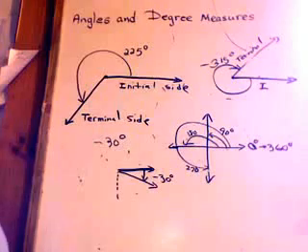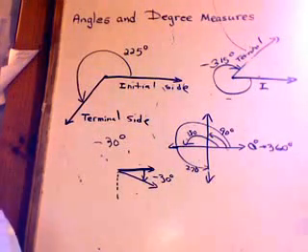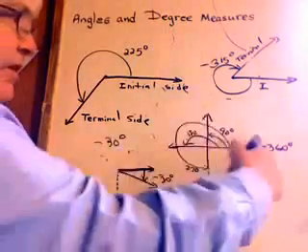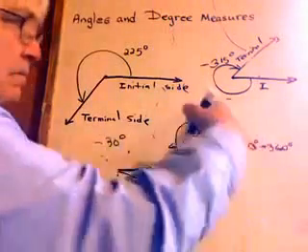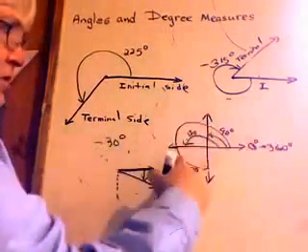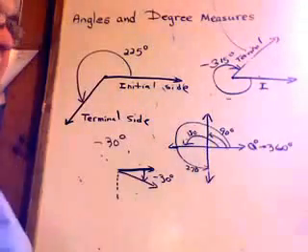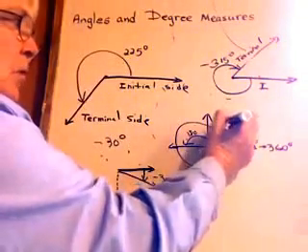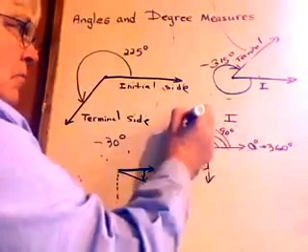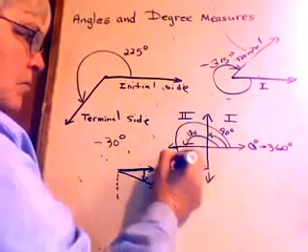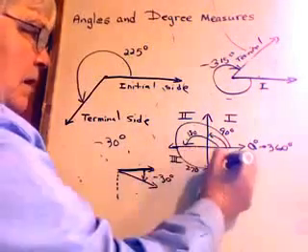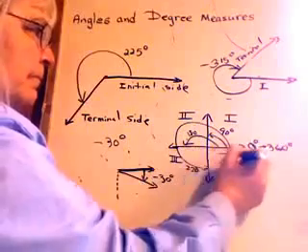Now, another thing when we're talking about these angles is I might want to know what quadrant it's in. And you notice this grid here sort of divides my area into 4 sections. Those sections are named with Roman numerals. Quadrant 1, Quadrant 2, Quadrant 3, and Quadrant 4.